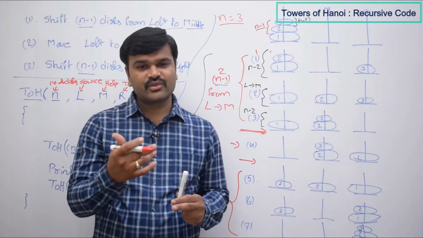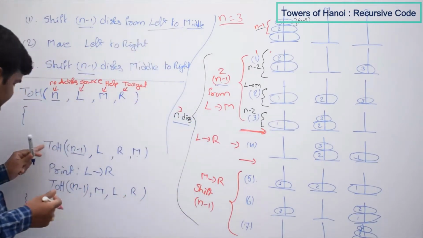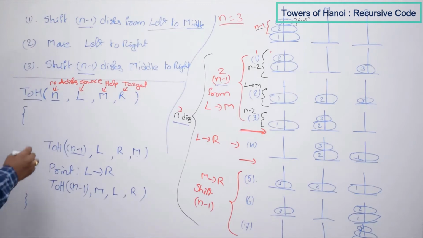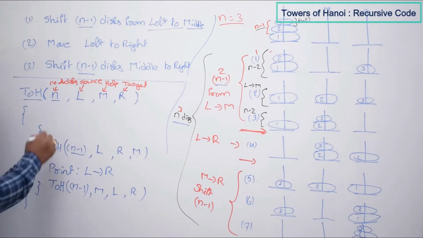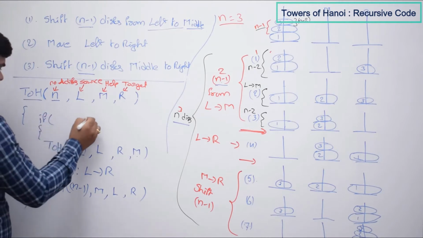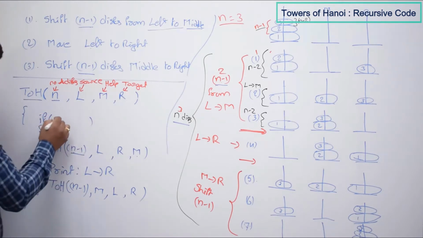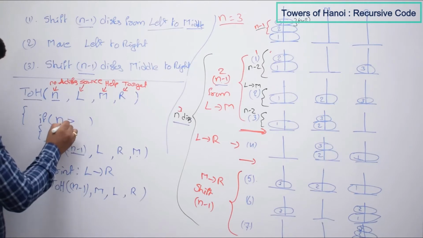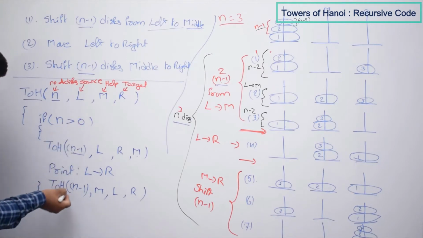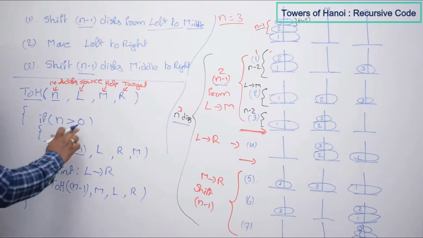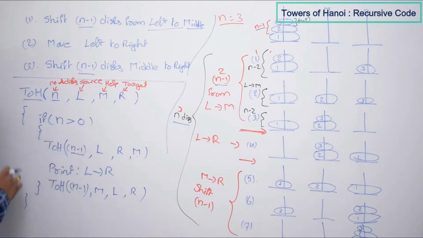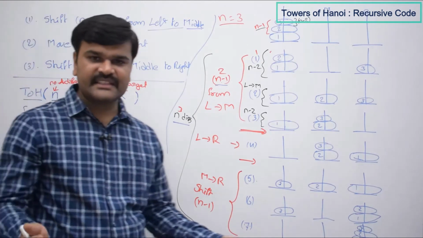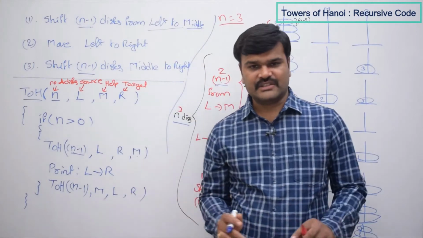But when you have to perform these 3 steps, that is the condition here. So we perform them if n is greater than 0, then we have to do these 3 steps. If n is 0, simply go back. You need not shift anything because there are no disks at all.